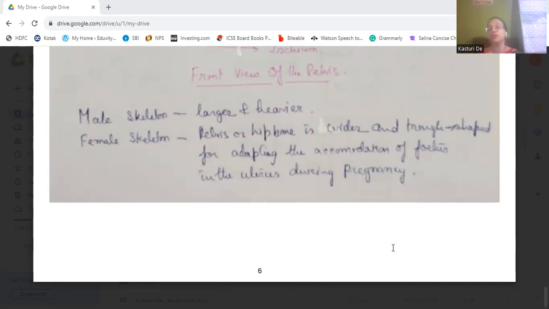That's why the main difference between male and female skeleton is this one.